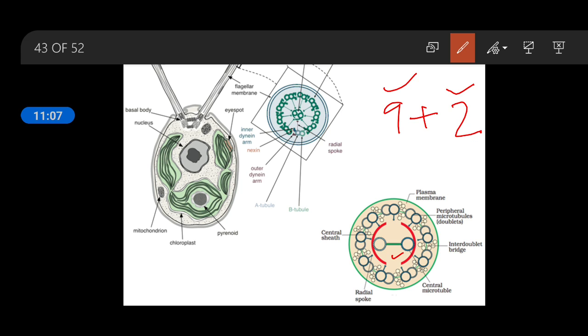These are doublet, and the central microtubules are in singlet form. These are arranged like this, and the whole structure is covered by the plasma membrane. That's it.